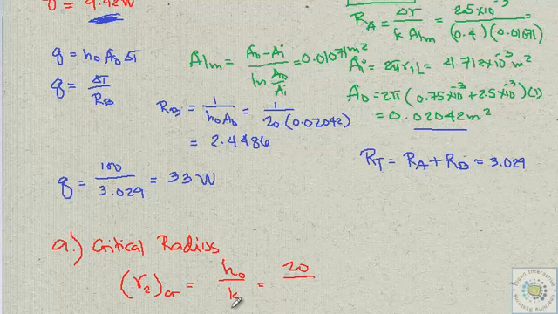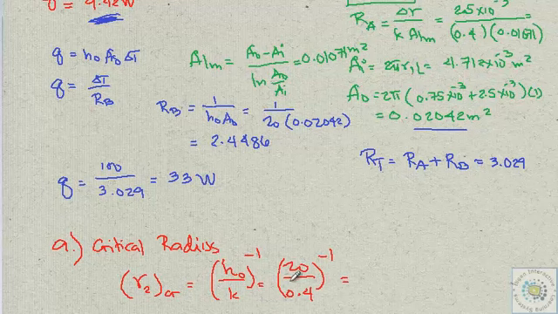In this case, it's 20. k is the conductivity of the insulation, in this case simply 0.04. Wait, I think I made a mistake. It's supposed to be k over h_o, not the other way around. So I'll put the raised to the negative one. R will just be k over h_o.